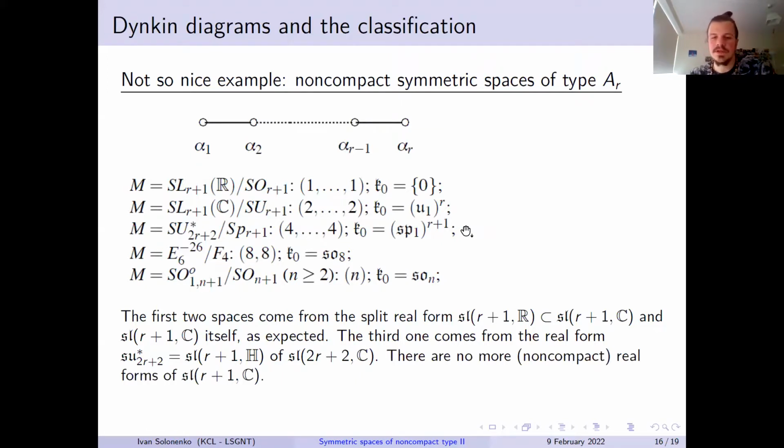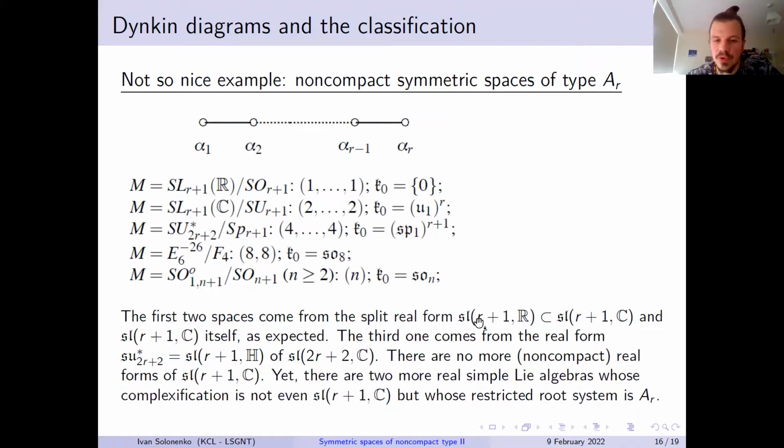But the problem is that there are no more non-compact real forms of SL(r+1, C). You can prove it. Yet, there are 2 more spaces here, which means that there are 2 more real simple Lie algebras whose restricted root system is A_r and whose complexification is not even SL(r+1, C).